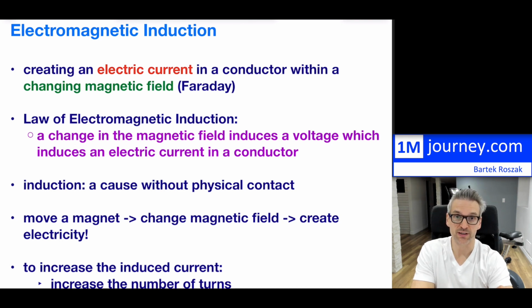And the answer is yes, but it may surprise you that something has to happen to the magnetic field. The magnetic field actually has to change. There has to be a rate of change in order to induce an actual current to flow. So let's take a look at how this came about, because it was primarily through Faraday.